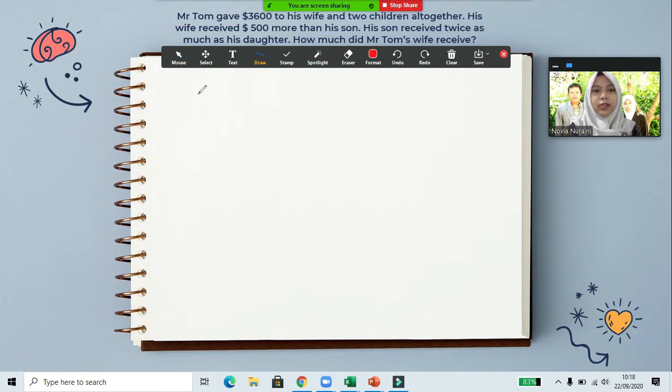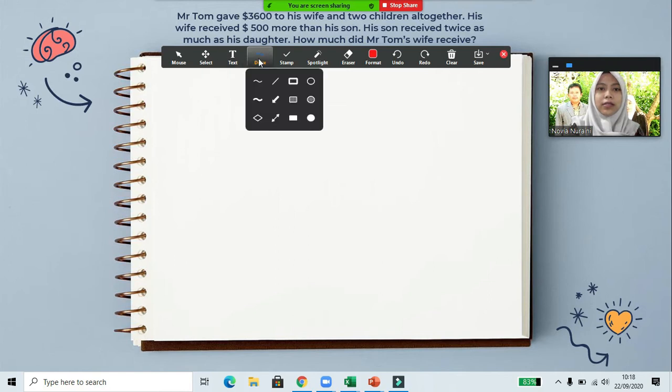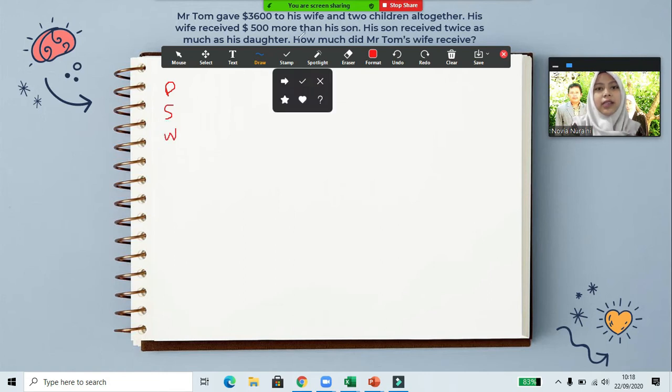Okay, so Mr. Tom gave 3,600 to his wife and two children altogether. So he has a daughter, a son, and a wife. His wife received 500 more than his son.